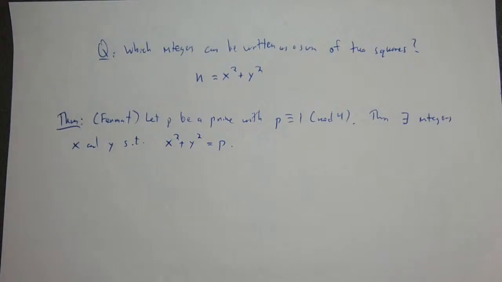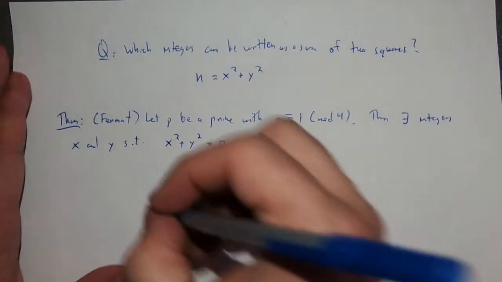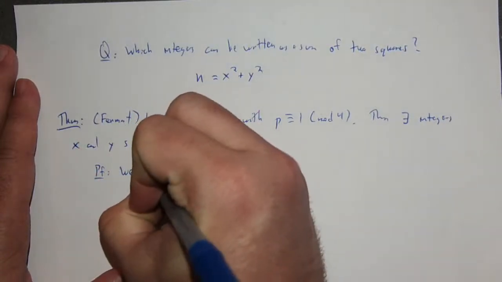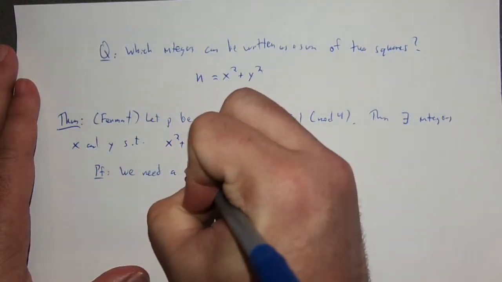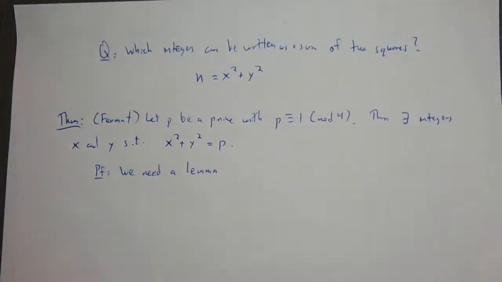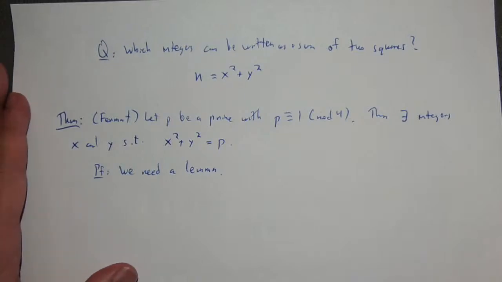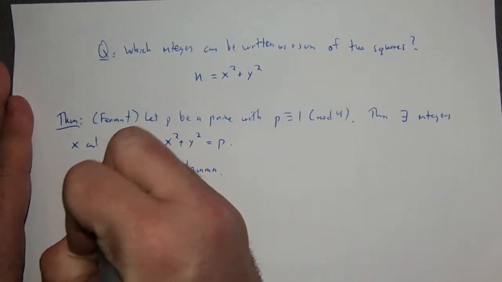To see how this goes, we need a lemma. This lemma is something that is true for primes congruent to 1 mod 4, but is not true for primes congruent to 3 mod 4. You can think about why this is. So what's my lemma?